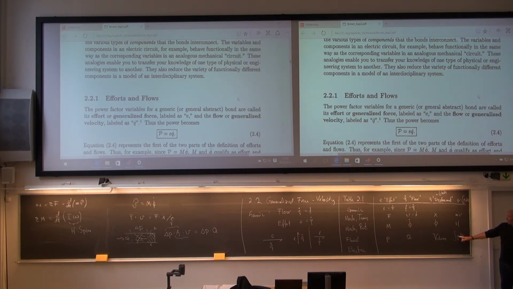So now we are talking pressure as the effort, nothing to do with this P here, meaning momentum. So what does this equal? I have absolutely no idea. What's the time integral of pressure? It's not a physical quantity that can help us with anything, so forget it. We don't need it.